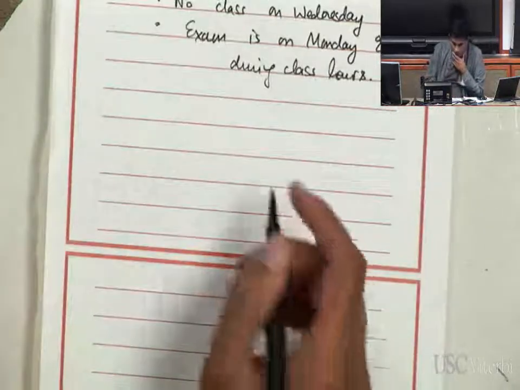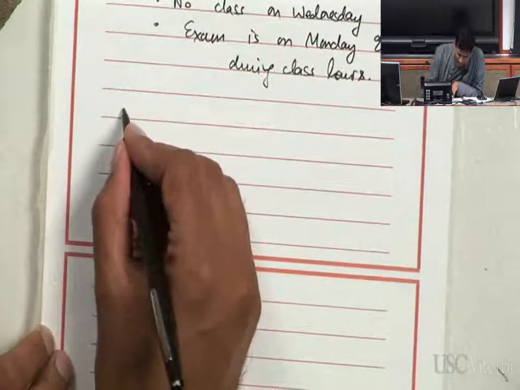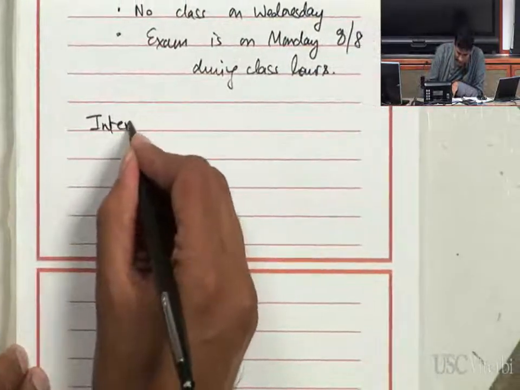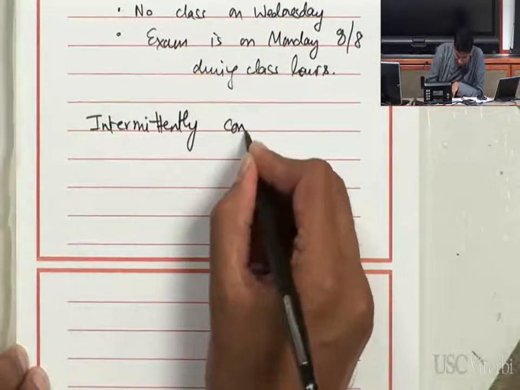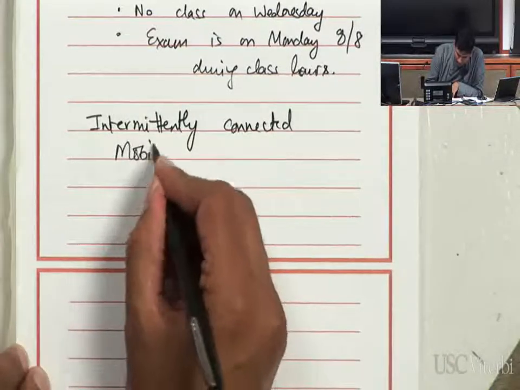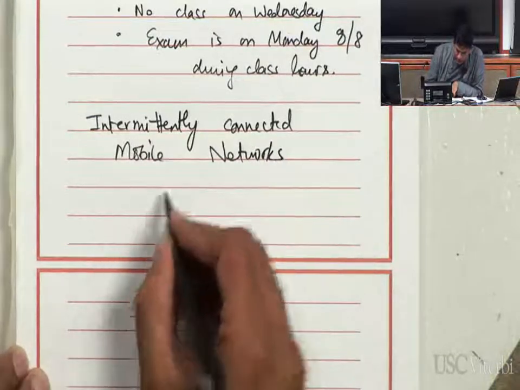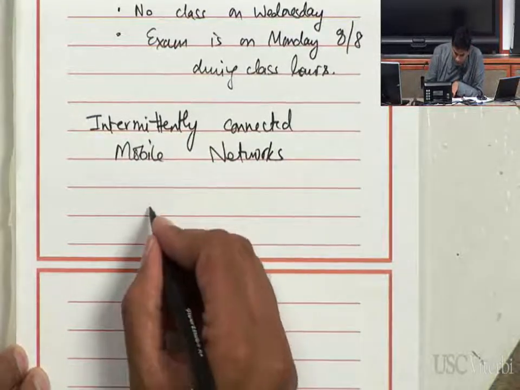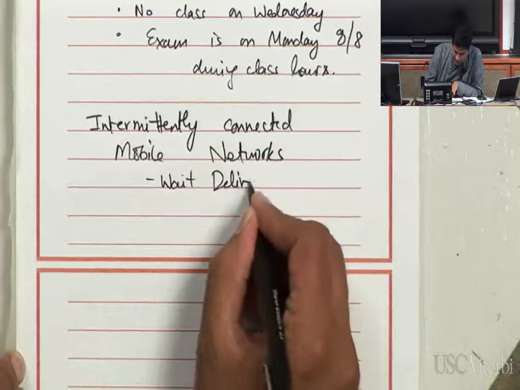So, with those announcements out of the way, let's go back and resume what we were talking about, which was intermittently connected mobile networks. And in that lecture, we discussed wait and deliver as the simplest possible scheme.